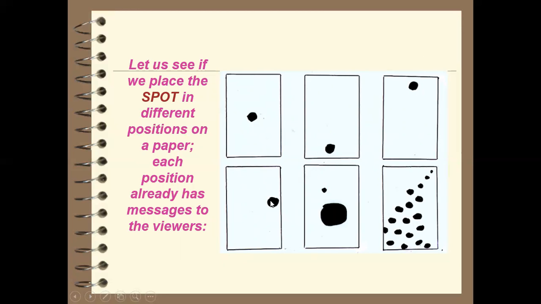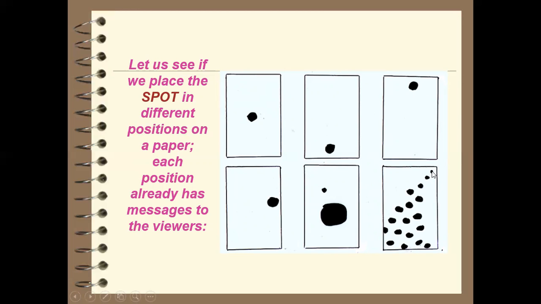Okay, when you see the spot near the vertical side of the paper, then you can see that this looks like a door and this is the doorknob. When there's a big spot and a tiny spot together on the paper, then your mind can tell you that the tiny spot is far, far away back there and the big spot is near you.